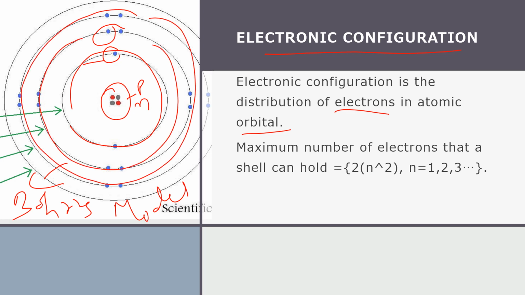The maximum number of electrons that a shell can hold is given by the formula 2n², where n is equal to 1, 2, 3 and so on: for the first shell n is equal to 1, for the second n is equal to 2, for the third n is equal to 3, for the fourth n is equal to 4, and this n is called the quantum number.